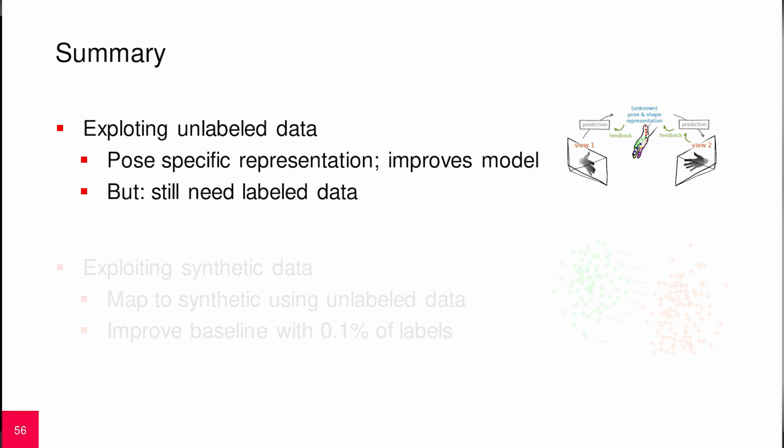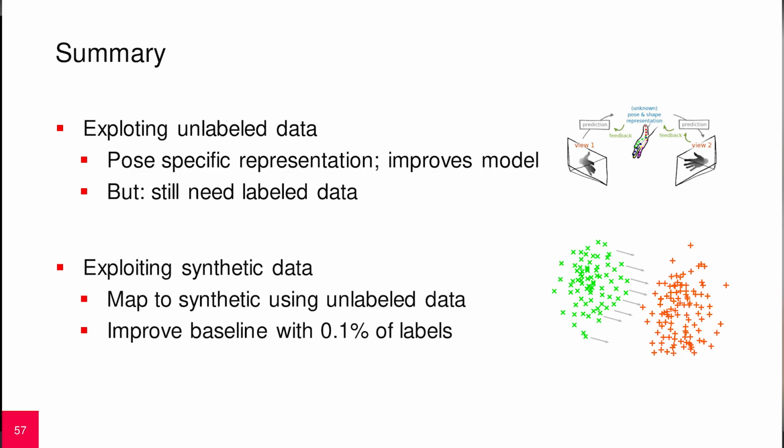So that's why in the second part, we exploited synthetic data to map from the latent representation of real samples to the latent representation of synthetic samples, and exploit the synthetic data to train this final mapping very accurately.